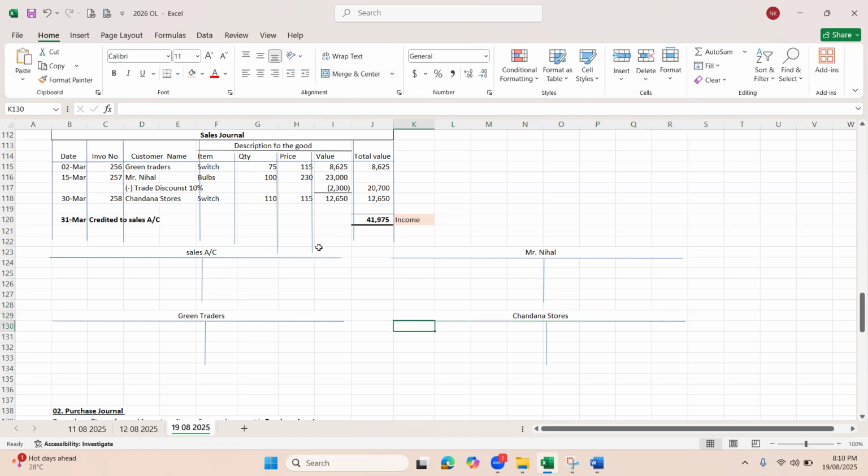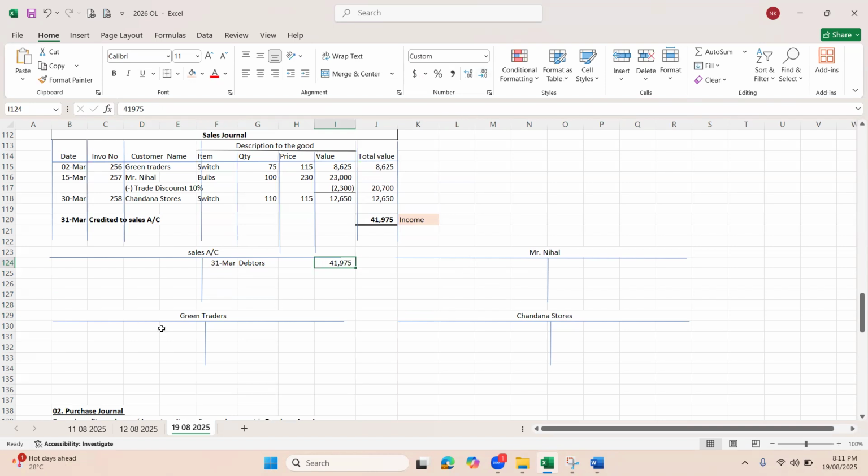So sales will be credited on the total, 31st March. Debtors, the total value is 41,975.